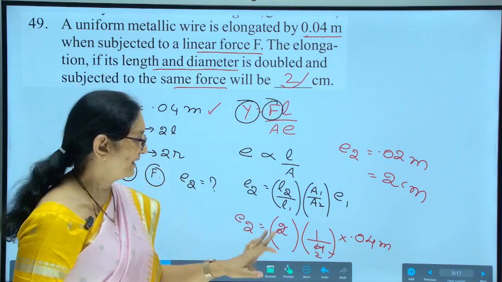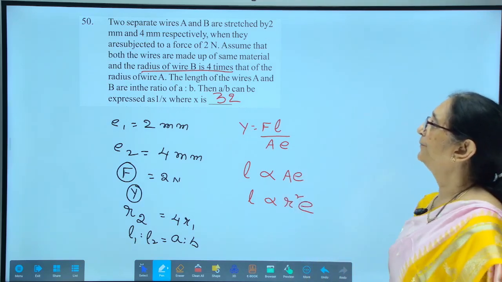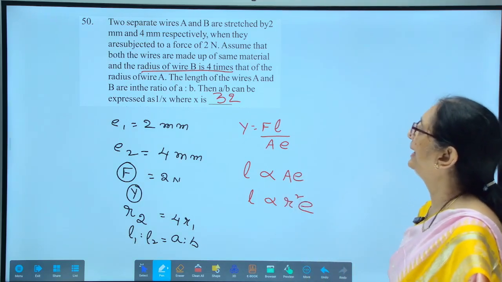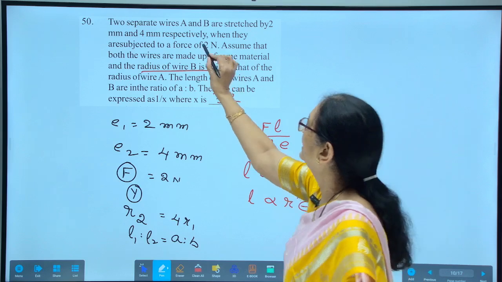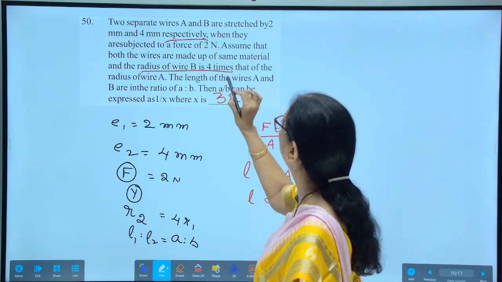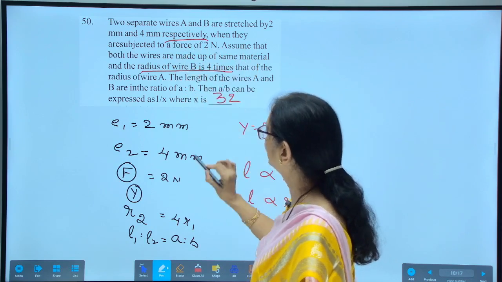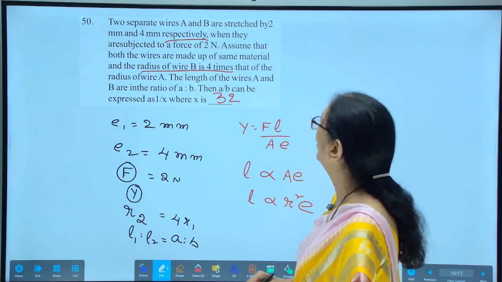Okay. Now next problem. Read the problem. Look here. Two separate wires A and B are stretched by 2 millimeters and 4 millimeters respectively. E1 is 2, E2 is 4 millimeters when they are subjected to a force of 2 Newton. So the same force is applied on them.